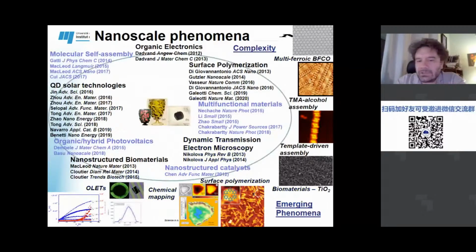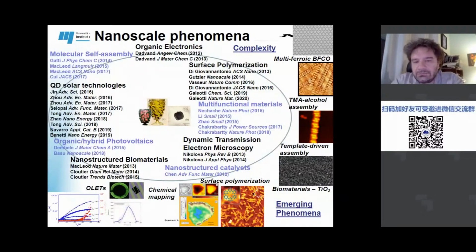So our group studies nanoscale phenomena quite broadly. We're interested in various phenomena that arise when you shrink materials to very small dimensions. Usually new sort of phenomena arise when at least one of the three dimensions is less than 100 nanometers.